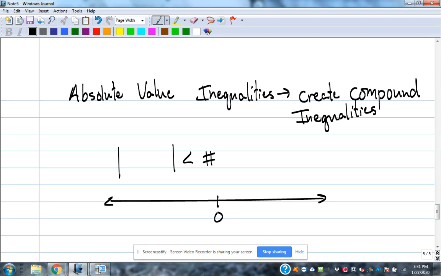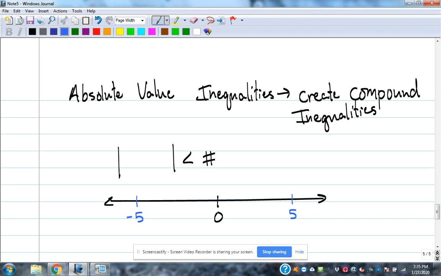So if I went over to my number line, where could absolute value be 5? Up here at +5 or -5. If the stuff inside the absolute value is less than that number, less than 5, then where can it be? Towards 0 or away from 0?